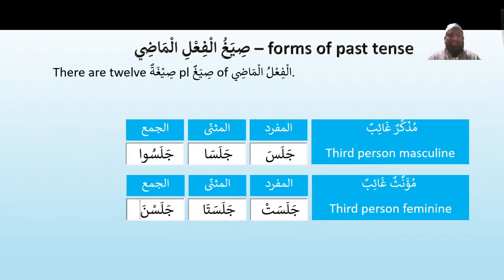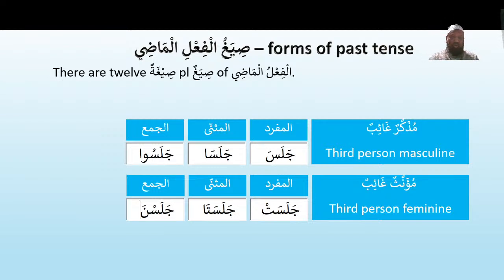So these are the 6 forms of third person. 3 for مذكر: مفرد, مثنى, جمع, and 3 for مؤنث: مفرد, مثنى, جمع. Now let's go through these 6 forms. جلس is مفرد مذكر. جلسا, the alif is for dual, المثنى مذكر.